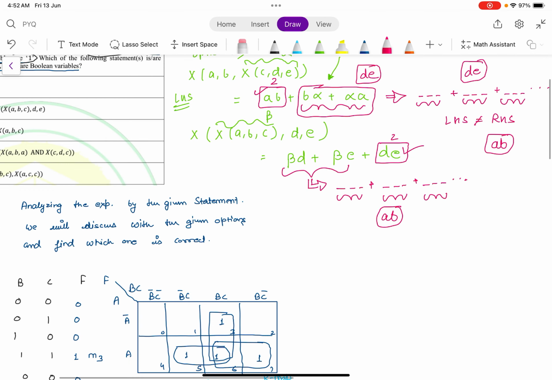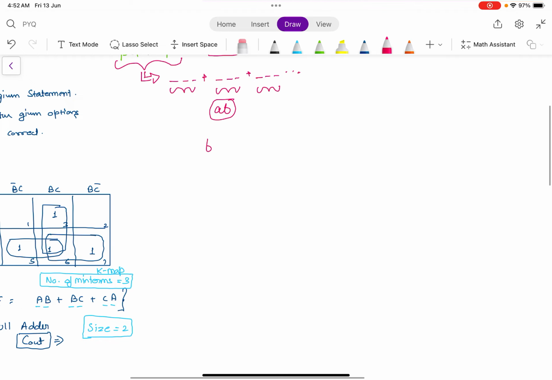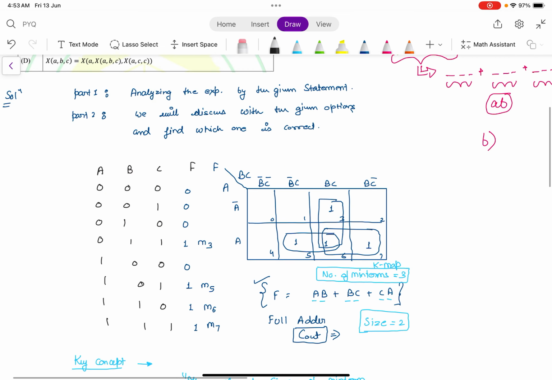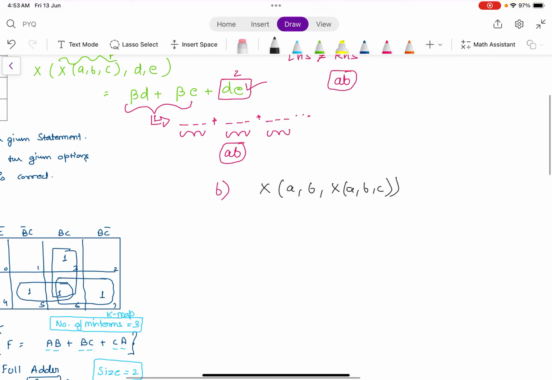Let's go and analyze option B. It will make you more clear. Option B says x of AB, ABC, x of AB, x of ABC, and the right hand side is x of ABC.